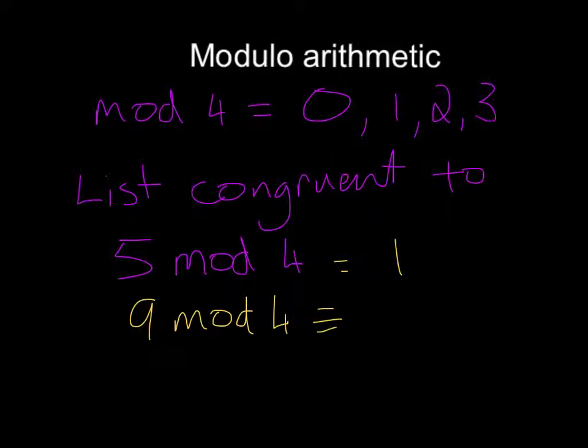And remembering from last year, from when you were working on your triangles, the symbol for congruent is the 3 parallel lines. It means equivalent to. So have a think now. I want you to come up with at least 4 other numbers that are congruent to 5 mod 4.